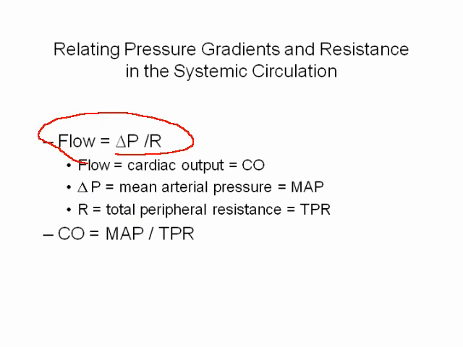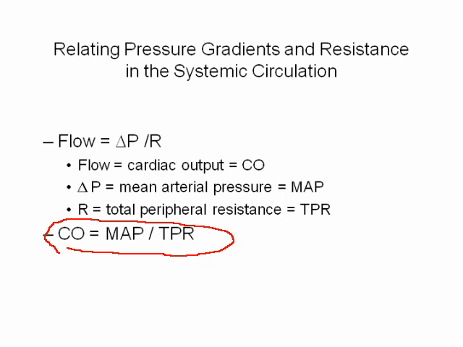So this equation is the same as this equation. It's just that the bottom equation is much more meaningful to us from a standpoint of cardiovascular function. That the cardiac output, the flow through the system, equals the blood pressure divided by the total peripheral resistance.